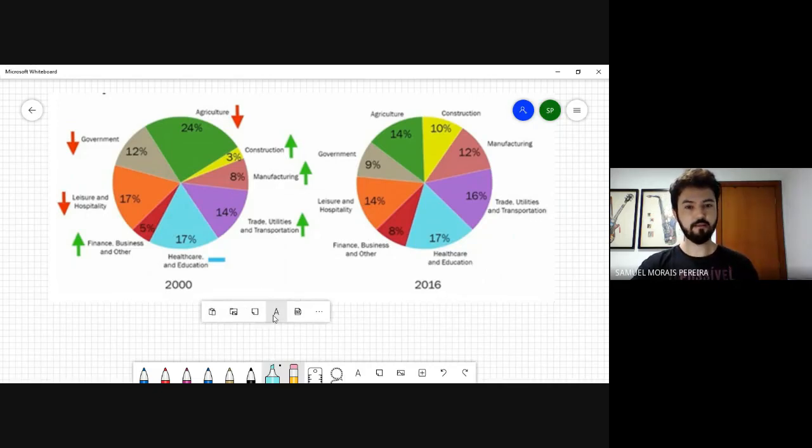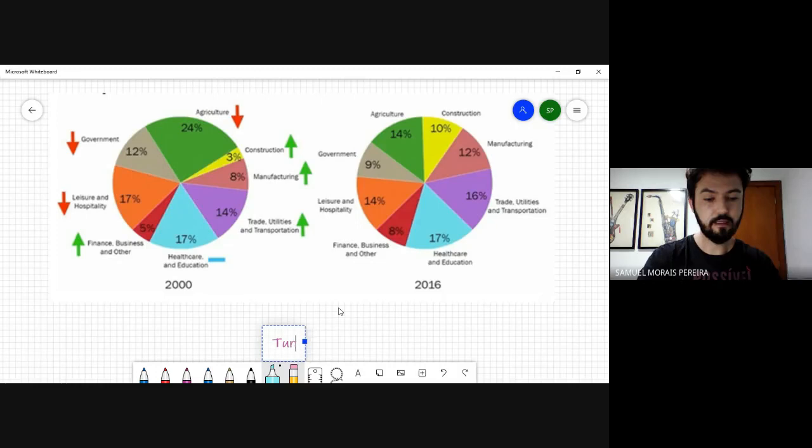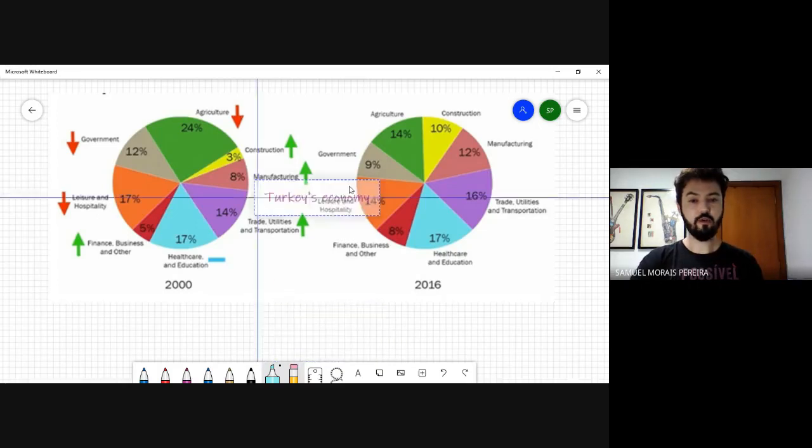Let me explain to you what these 2 pie charts here are referring to. So they are showing you Turkey's economy in 2 different years. É a economia da Turquia, okay?